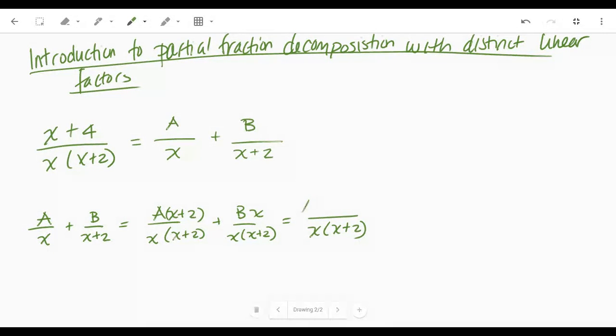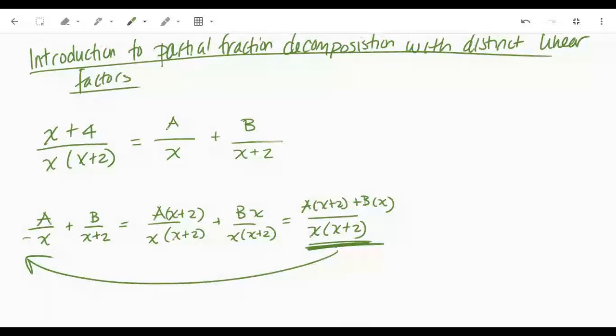And that numerator would be whatever A times (x + 2) plus B times x is. We're just taking this in reverse. We're given everything together, and we want to break it down to these parts. Okay, so I'm going to switch colors here a little bit. Again, I'll do two examples like this.